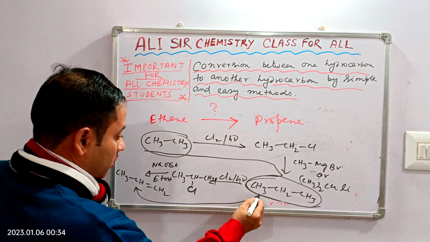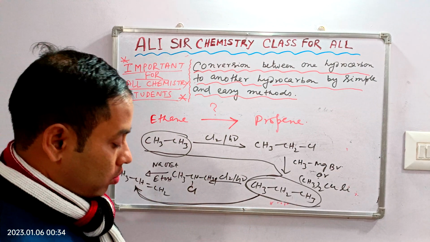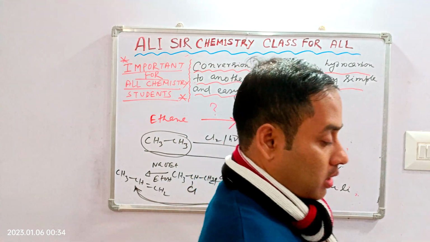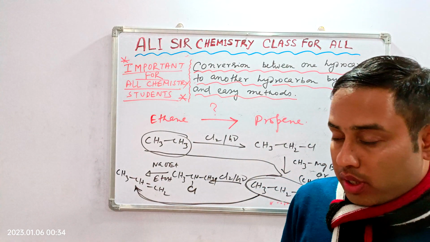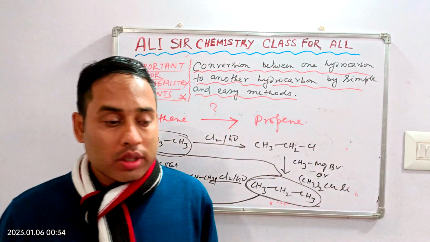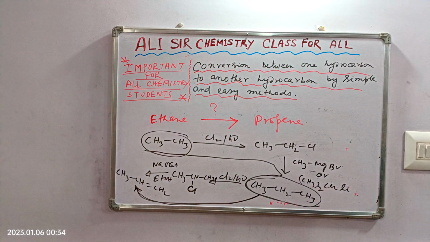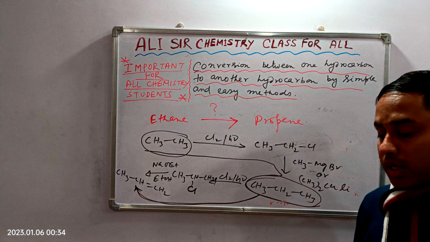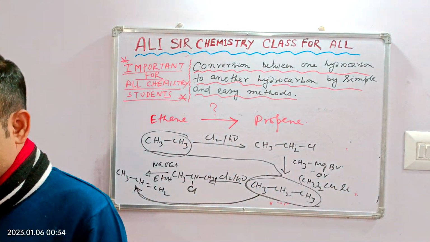And then from alkane to alkene. So conversion is a type of process you have to do anyway. Whatever reaction you can use, you may use. There is no restriction that you have to use a particular reaction. You may use any type of reaction, but you have to convert the compound anyhow.